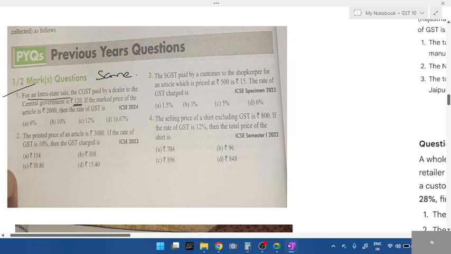120. If CGST is 120, and the marked price of the article is 2000, what do we need to find? GST. If CGST is 120, how much is GST, students?